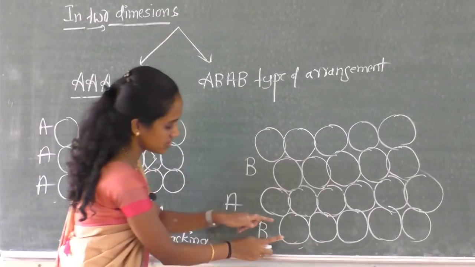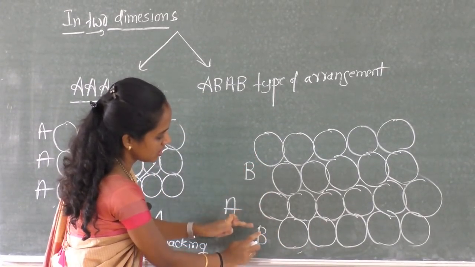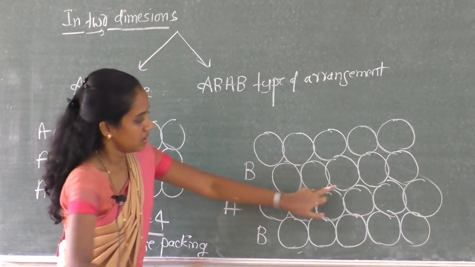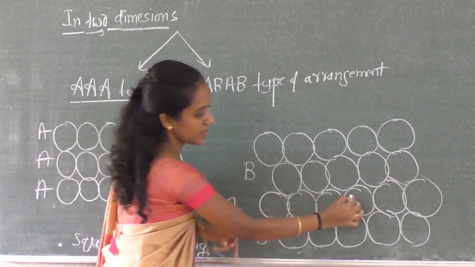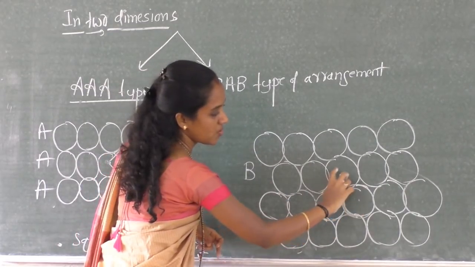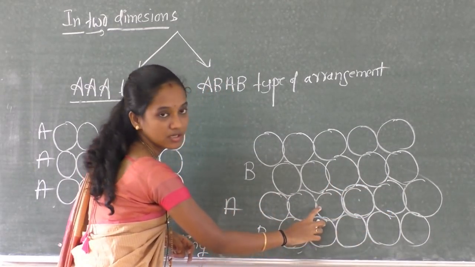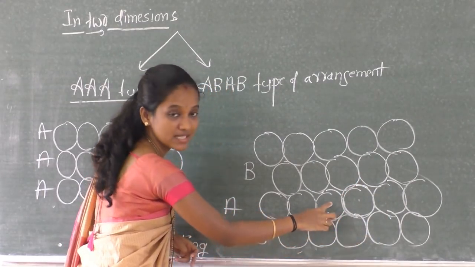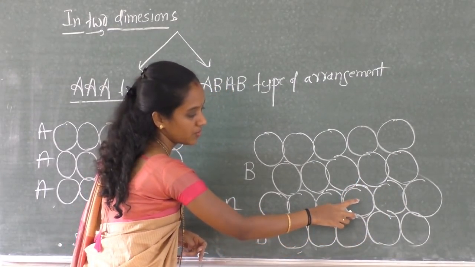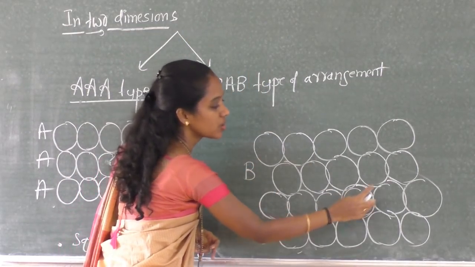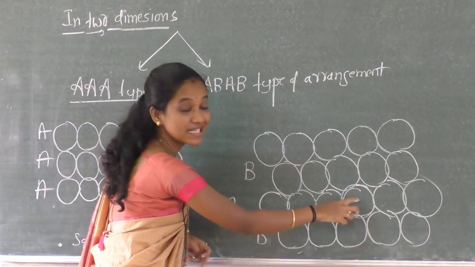So in 2 dimensions, the arrangement is AB or BA type. Now consider the central particle. How many neighboring particles are there here? Count 1, 2, 3, 4, 5, 6. Therefore, in 2 dimensions, in AB type of arrangement, the coordination number is 6.